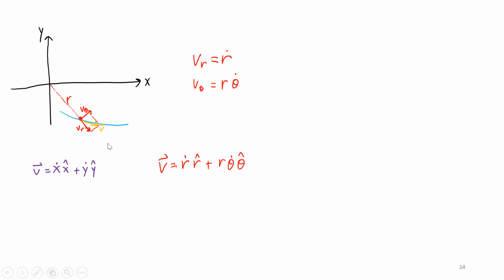And as I said last time, remember one great difference between the two systems: x hat and y hat, the two unit vectors, always stay in the same direction no matter where your particle is. But in the polar coordinate system, this r hat direction and this theta hat direction will actually depend on the position of your particle.